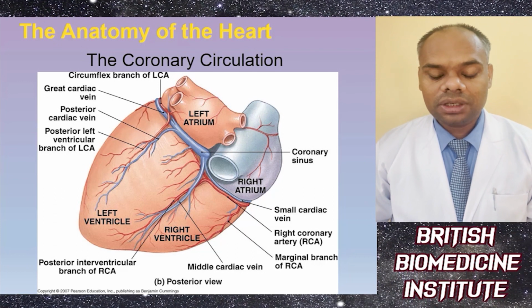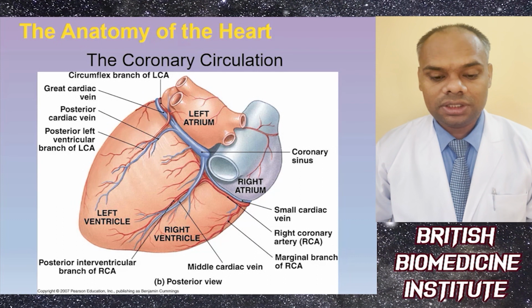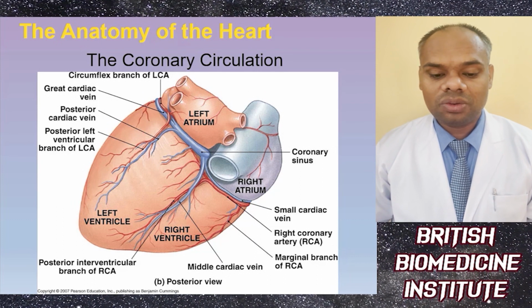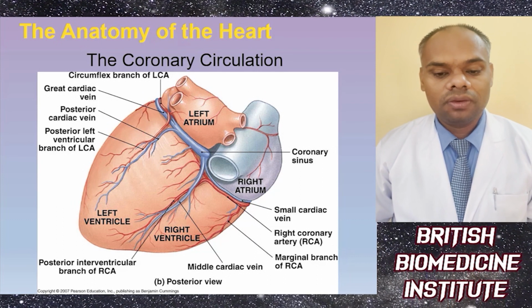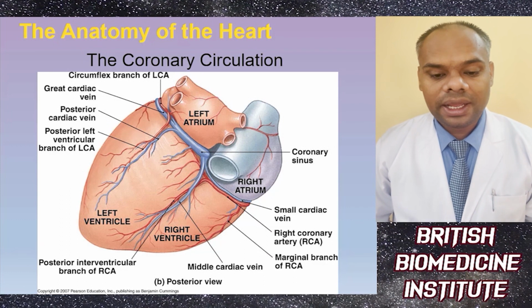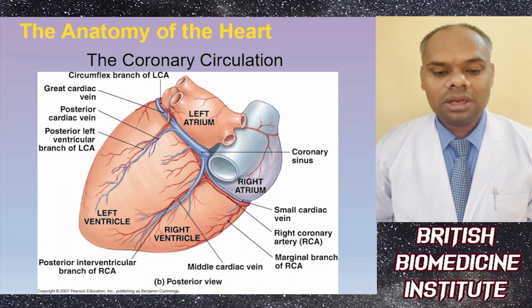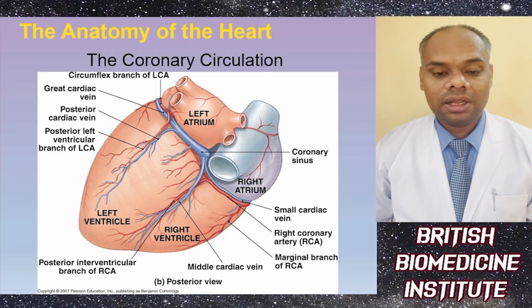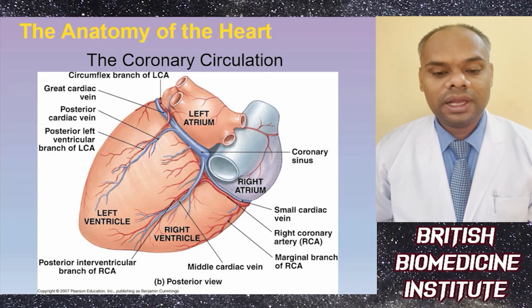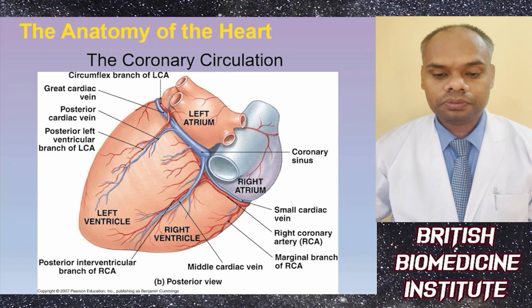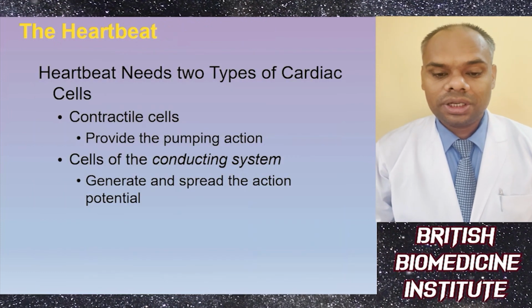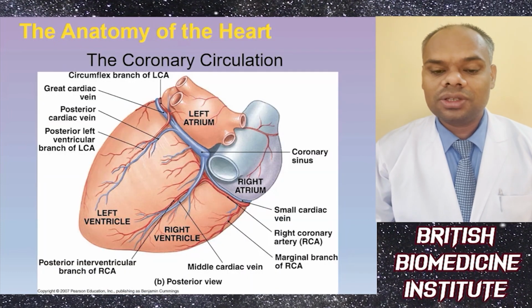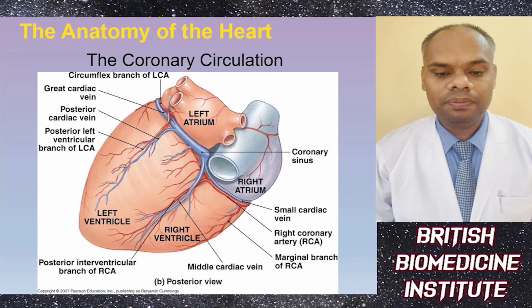In the right ventricle, middle cardiac veins and posterior interventricular branches of the RCA are visible. Whereas in the left ventricle, the great cardiac vein, posterior cardiac vein and posterior left ventricular branches of the LCA are visible. And in the left atrium, circumflex branches of the LCA are visible.